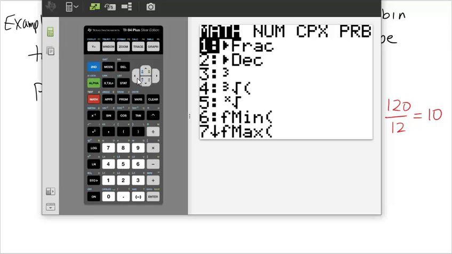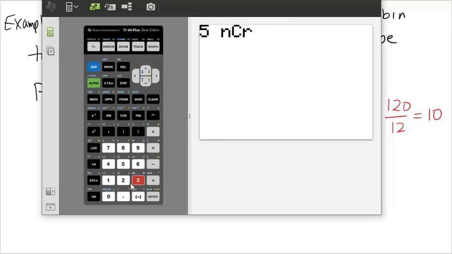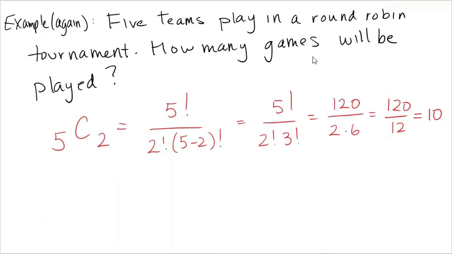Again, if you're lazy like me, you'll want to scroll to the left. Choice 3 says NCR, and as you might guess, that's the combination notation. So NPR for permutations, NCR for combinations. So I'm going to select choice 3. And we're selecting 2 teams at a time. So 2. And hit enter, and there's the 10 that we got using the formula by hand.